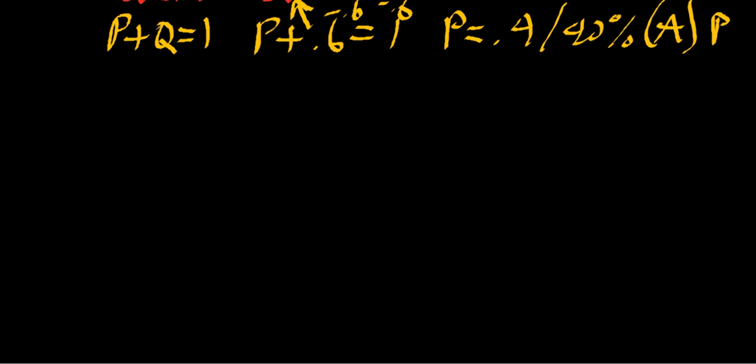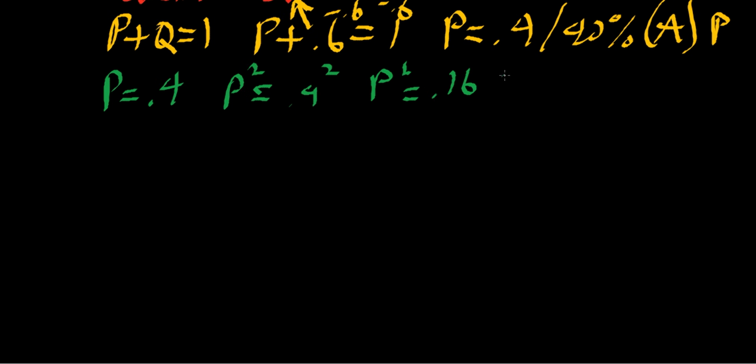So how would you get p squared? Well, since p is equal to 0.4, to get p squared, you would take your 0.4 and square it. So 0.4 squared is going to give you p squared is equal to 0.16, or 16%.